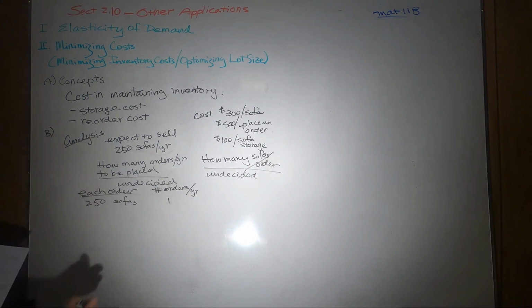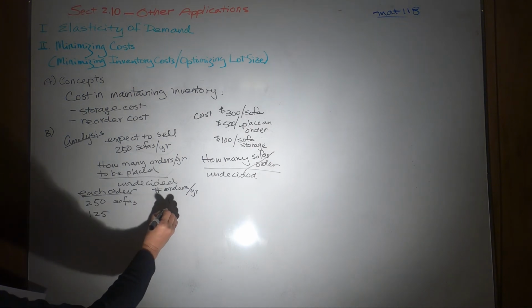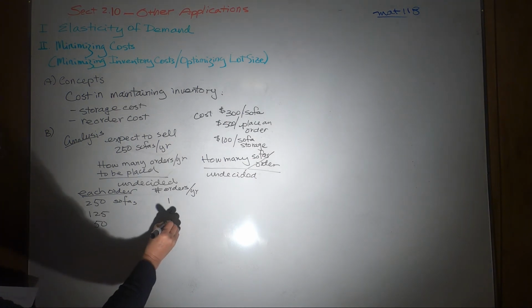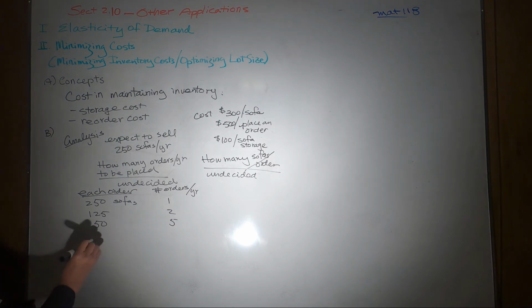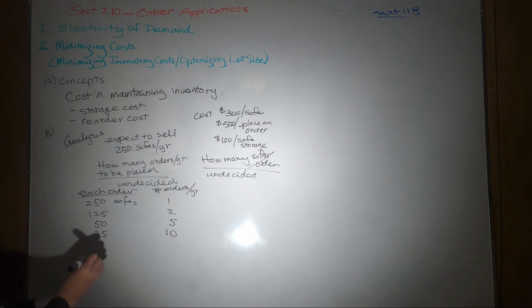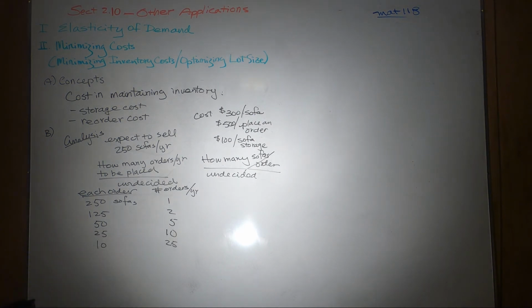You only need to order 1 time, right? If you order 125 of them, you have to make 2 orders. If you order 50 each time, you have to make 5 orders. 25 of them, you will make 10 times. If you order 10 of them, you will order 25 times. Is that right?